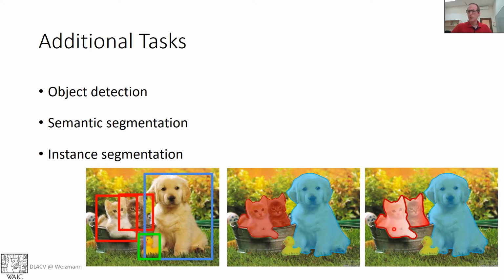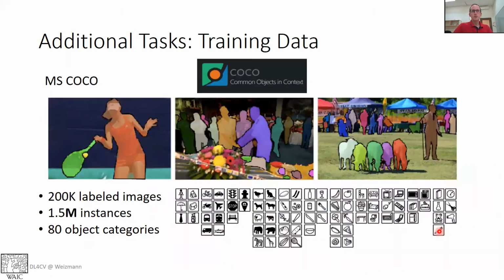We want all these pixels to be cat pixels, but we want the model to know that this cat is different than that cat. There are two cats here, and we want to segment them separately as different cats. So these are detection, semantic segmentation, and instance segmentation, and we'll talk about them in this class. We'll start with object detection.